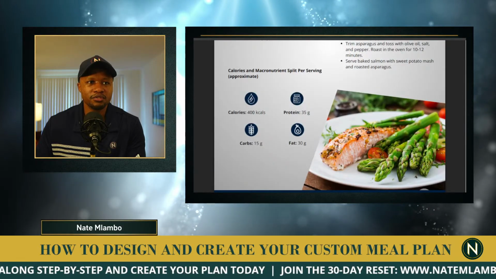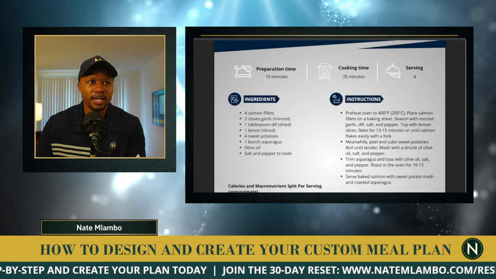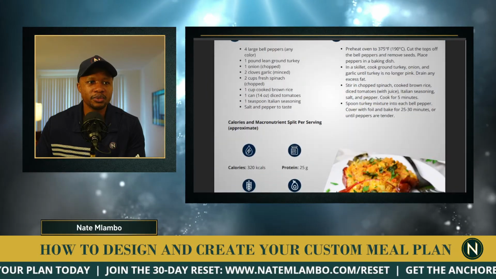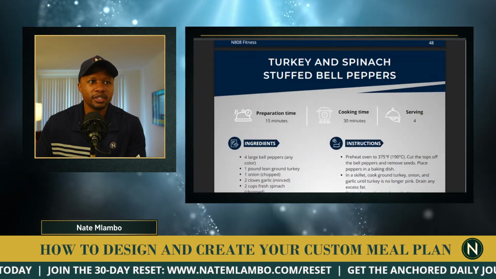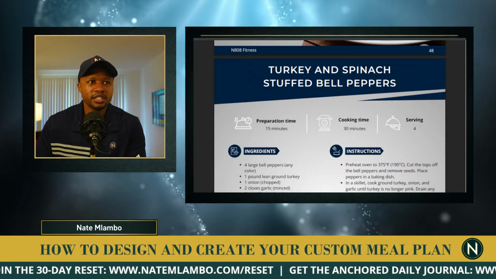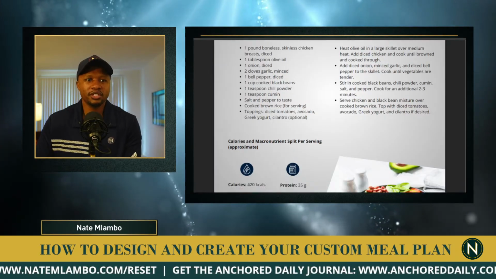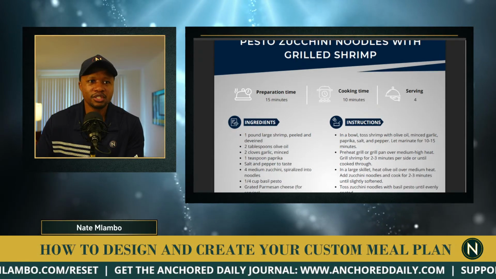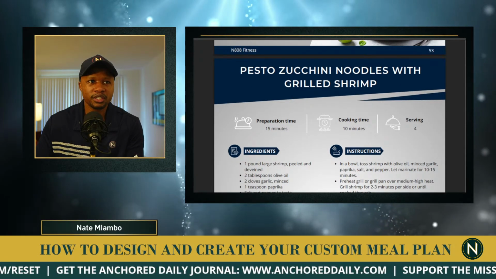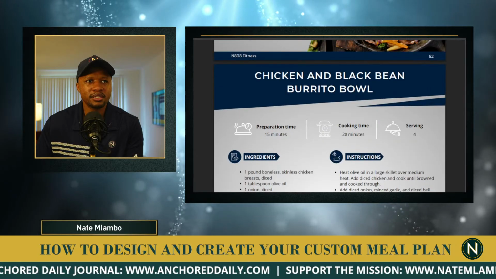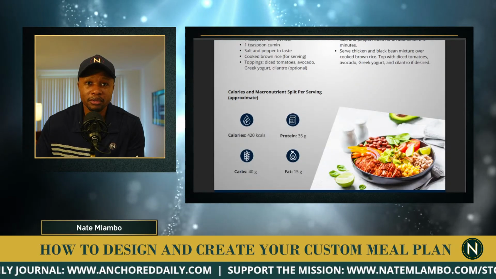You've got your salmon, asparagus with sweet potato, your turkey and spinach stuffed bell peppers. There are a lot of recipes in here: pesto zucchini noodles with grilled shrimp, and a lot of tasty recipes. Chicken black bean burrito bowl.